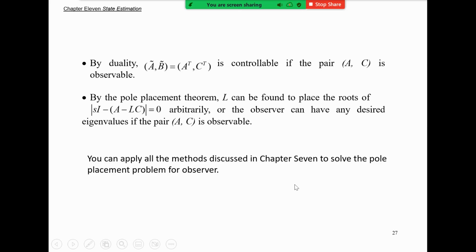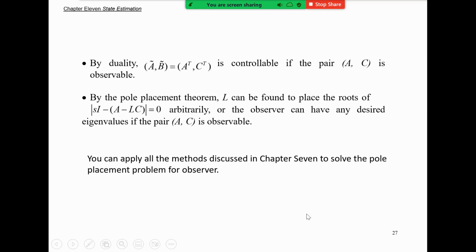And you can apply all the methods discussed in Chapter 7. If the system has only one output, then you can use the SISO method, the equivalence formula, or direct comparison.